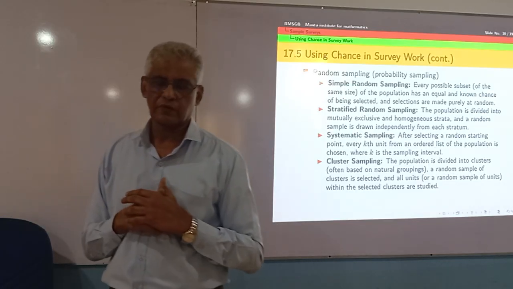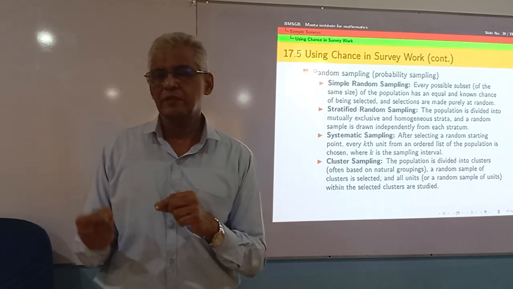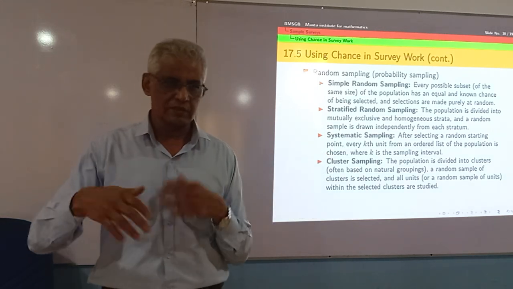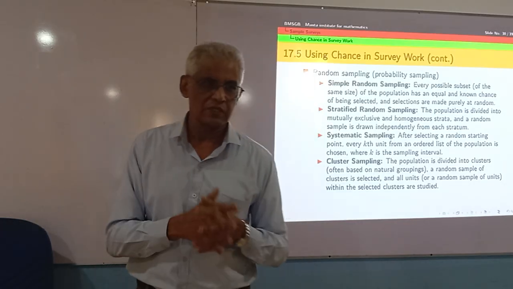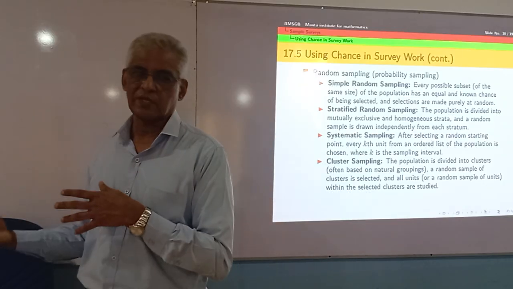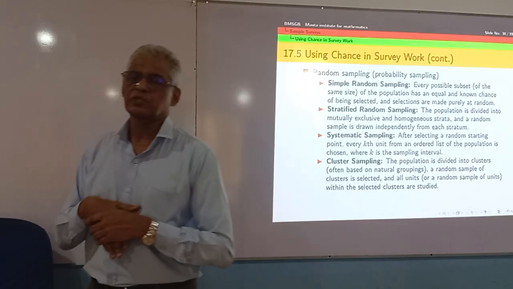It is possible that in the sample there may be fewer females than males. There is a small chance of that happening. If that happens, then the sample is not really representative. In the population there are more females, but in the sample there are more males.